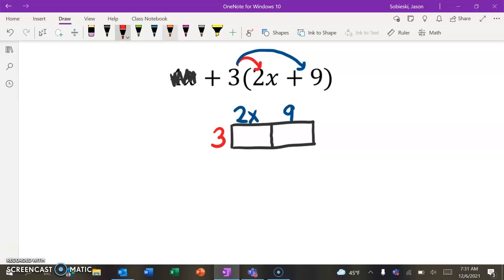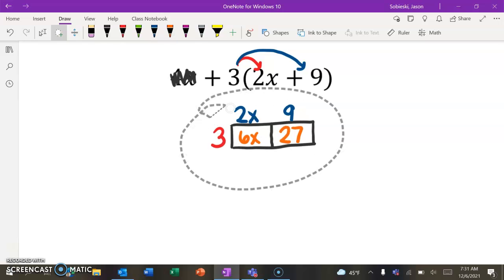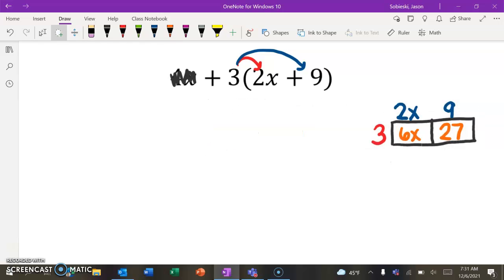And again, we could just do it this way real quick. 3 times 2x would get us 6x. 3 times 9 would get us 27. Right? So I'm actually just going to slide the rectangle method over to the side just so we can keep it there. But everything here just turned into 6x plus 27.